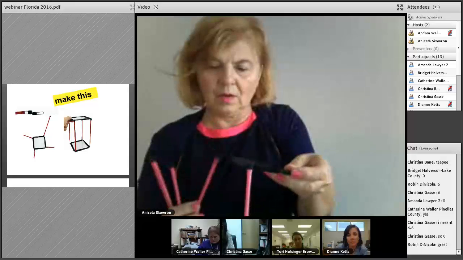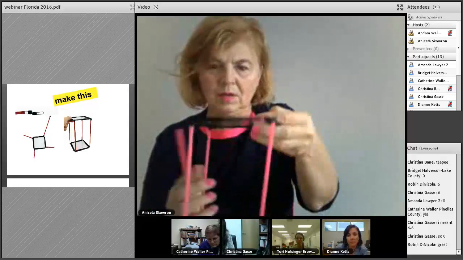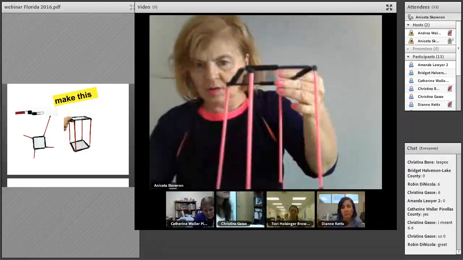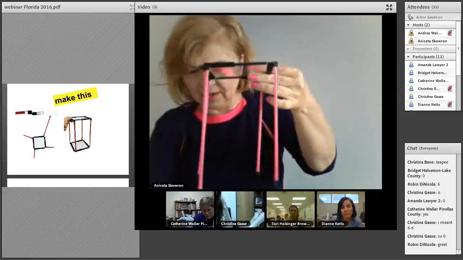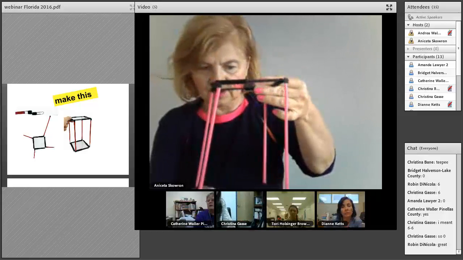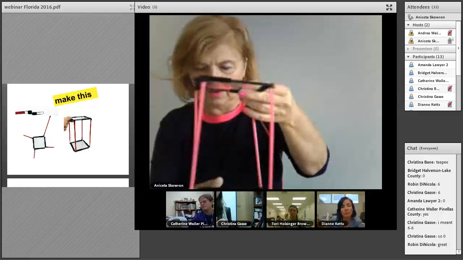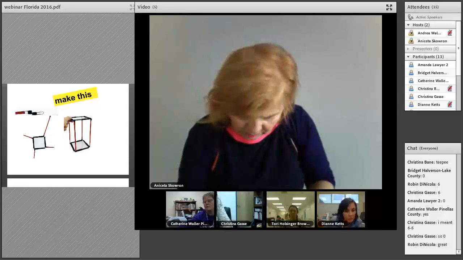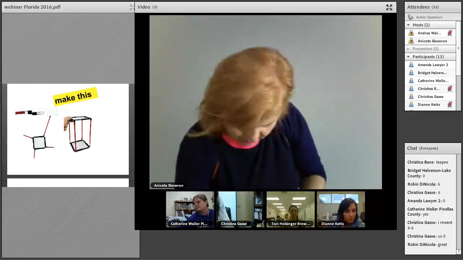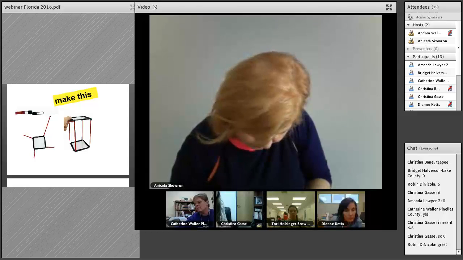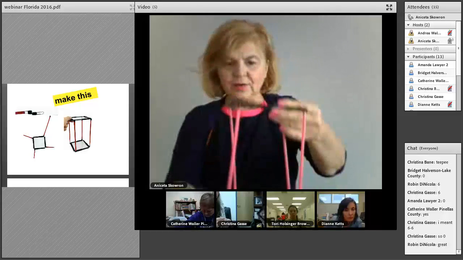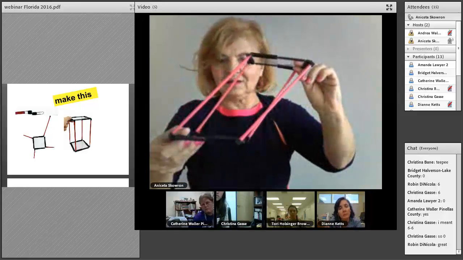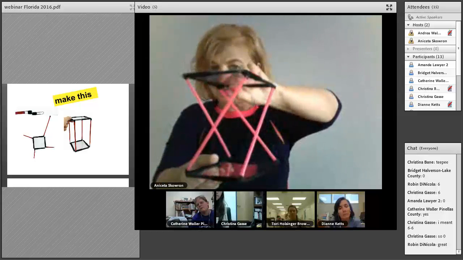So just clip them to this, and you'll add the next here, here, here, and here. I have to do it on the bottom because it won't stick. I do it like this. Okay, so you have a solid.